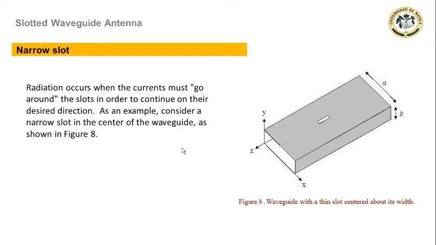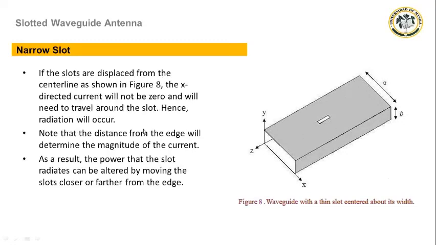Next is the narrow slot. Radiation occurs when the current must go around the slot in order to continue in its desired direction. As an example, consider a narrow slot in the center of a waveguide as shown in Figure 8.